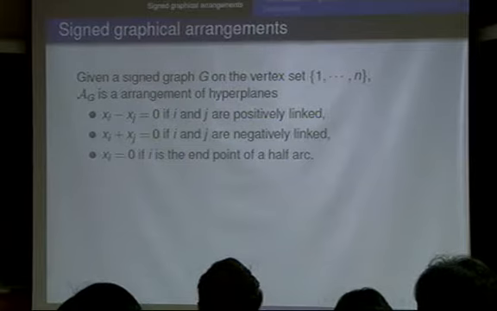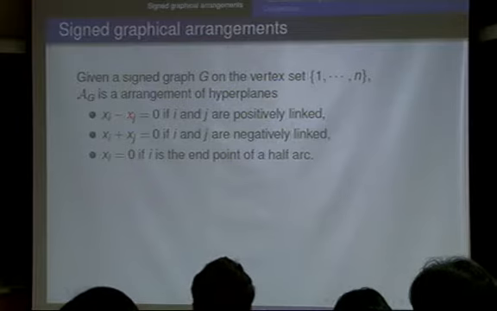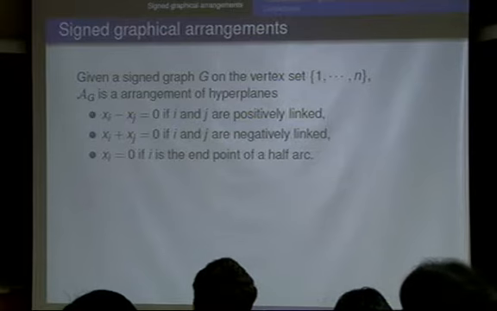This first part is just the root hyperplane arrangement of type A. If two vertices are connected by a positive edge, we attach this hyperplane. If they are connected by a negative edge, we attach this hyperplane. If we have a half arc, we attach this hyperplane. So given a signed graph, we have a hyperplane arrangement.